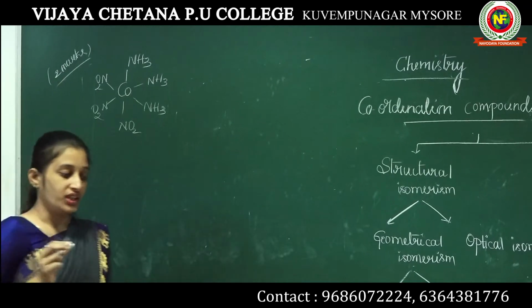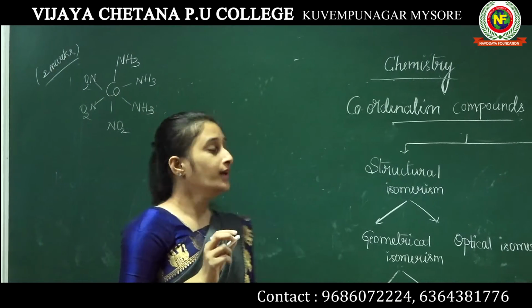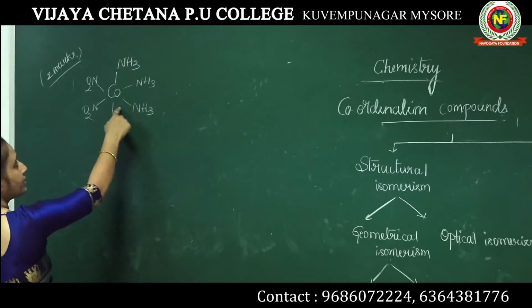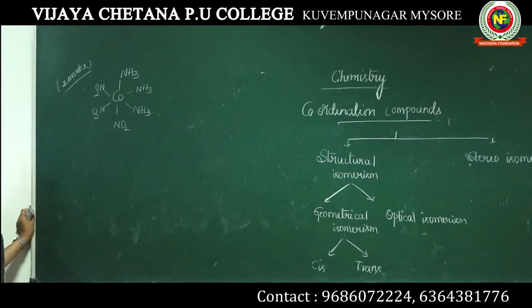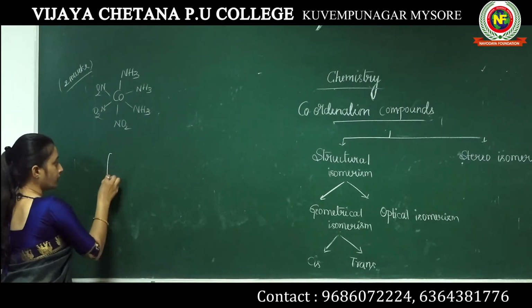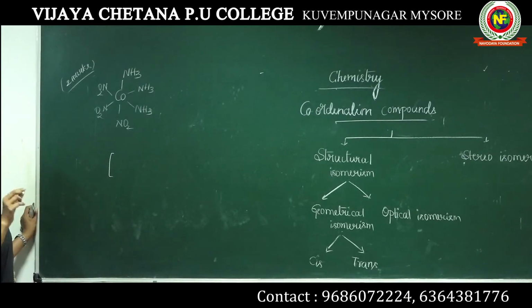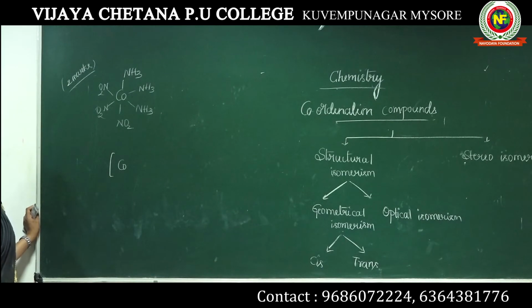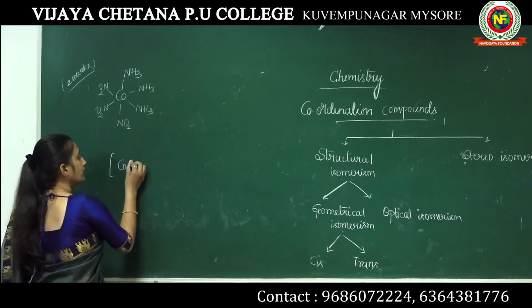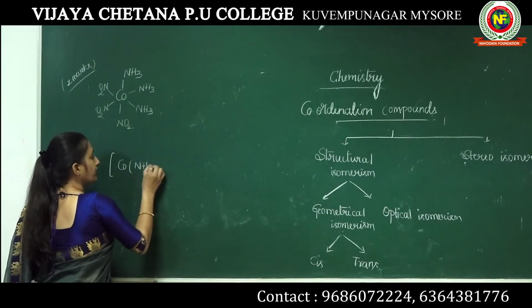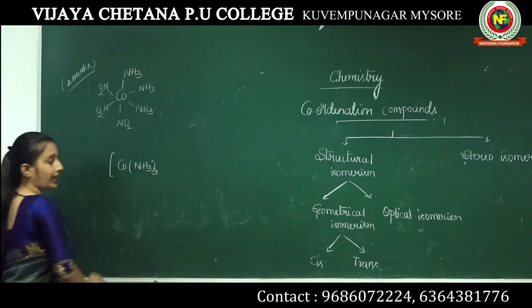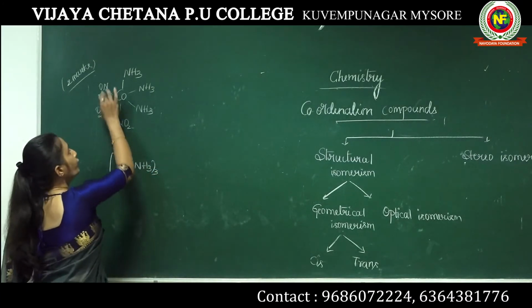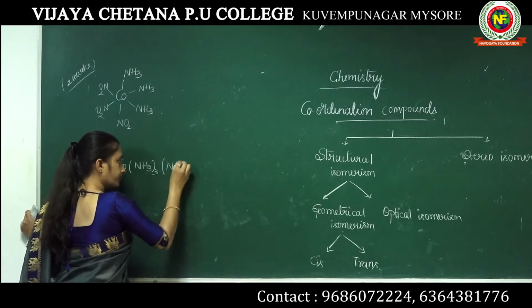In examination, how will they ask the question? They will give the formula for this compound. How to write this? Square bracket, Co. Co means central metal atom, and NH3 3 times, NO2 3 times.